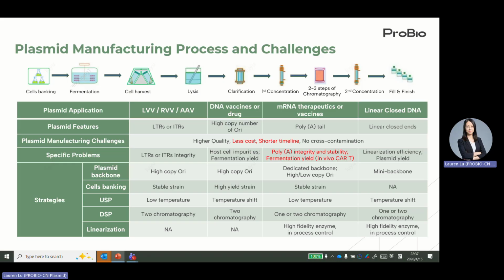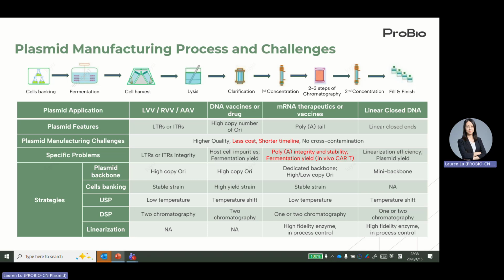For example, for mRNA therapeutics and vaccine applications, the mRNA template plasmid has a long poly-A tail, and for the AAV scenario, AAV plasmids have the ITR structure. This special structure leads to challenges during plasmid manufacturing about how to keep this structure's integrity during the whole manufacturing.